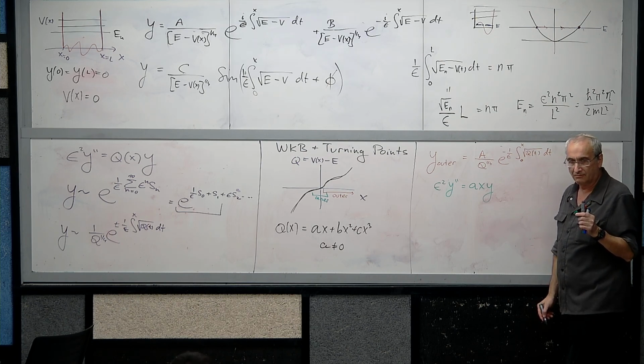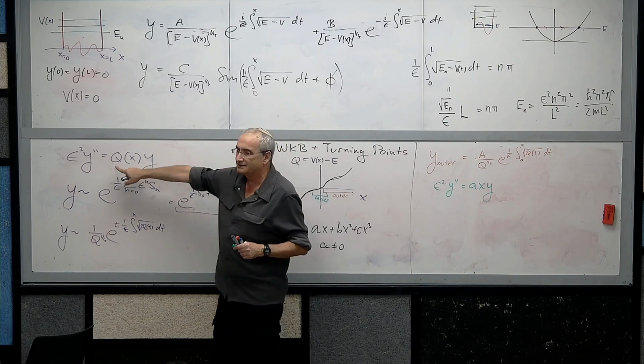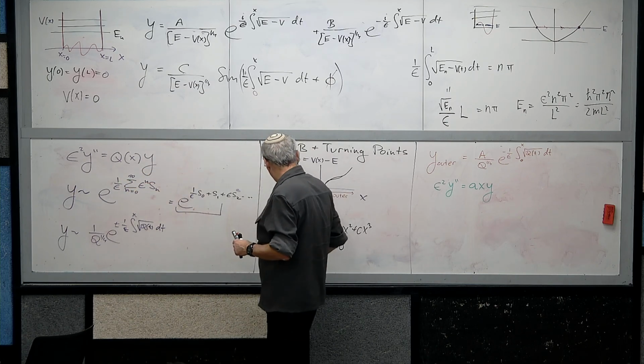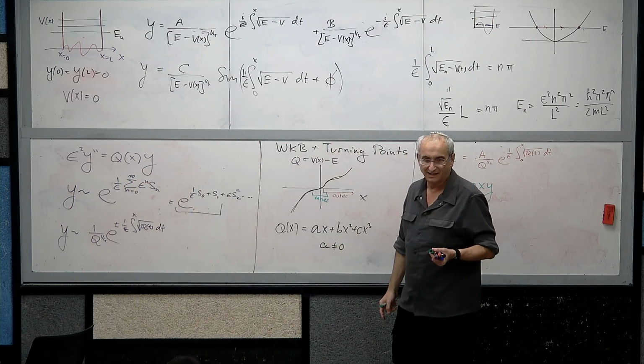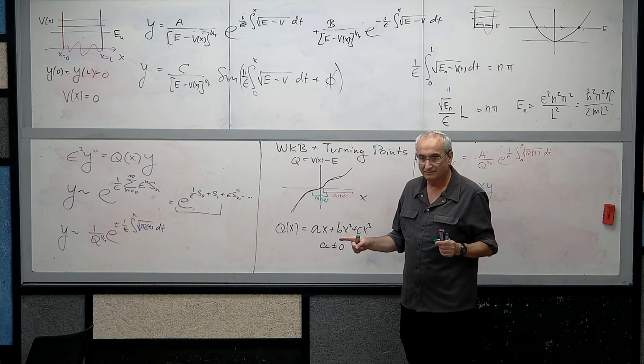In the inner regime, I can approximate Q of x by a x. That's why it's an inner regime, because x is small. You see? Good.